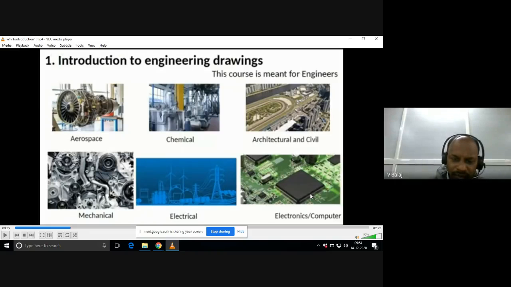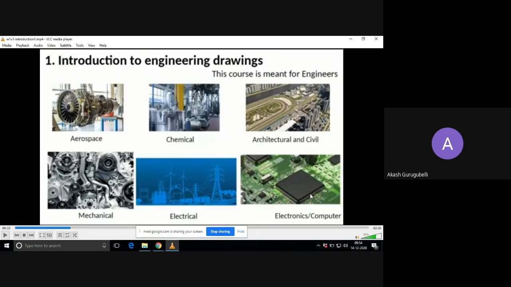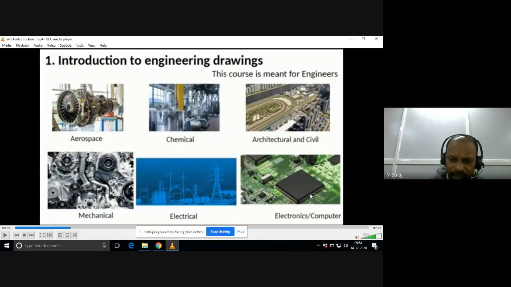Now, in detail, if you go to aerospace, what we manufacture, what is the importance of our drawing? In simple words, satellites. Without mechanical students or mechanical knowledge, I think there is no practical device.